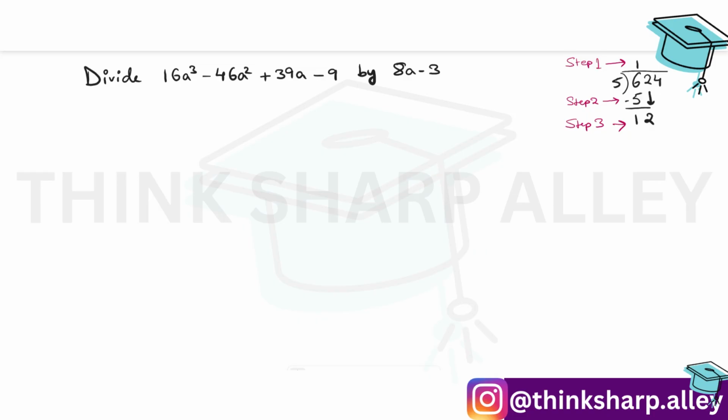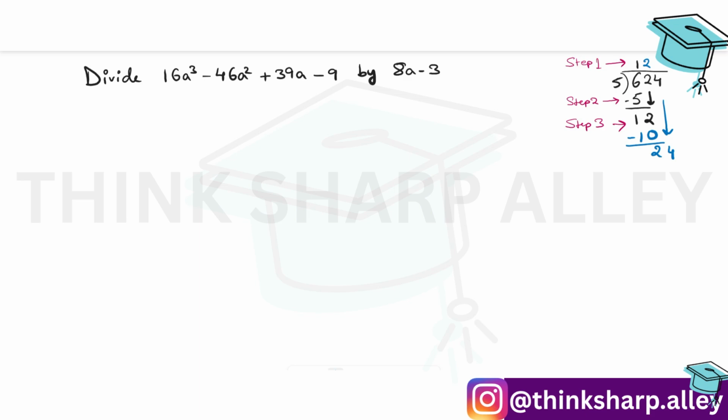We again read 5's table and try to find a multiple of 5 which is closest to 12. In this case, it's 2. So we multiply 5 and 2 and write it down over here, which is step 2. We subtract and bring the next digit down, 4, and our step 3 is completed.